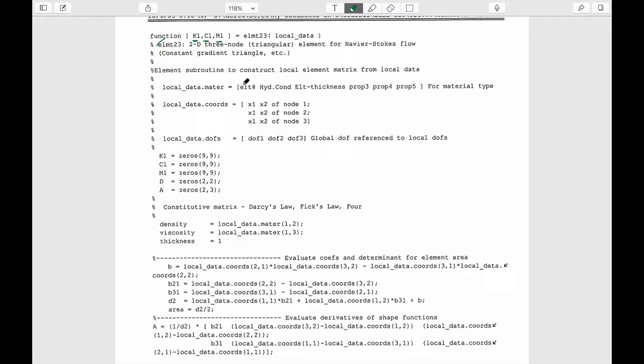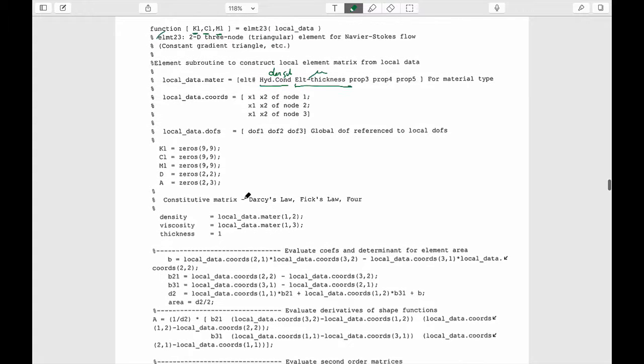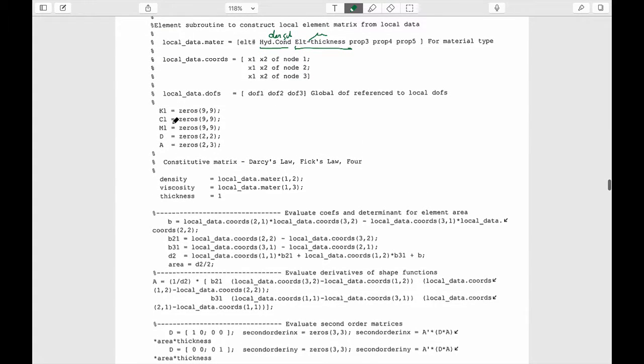material properties. For the element, we can choose a parameter, and I think in this case this is actually density, and the second term is viscosity. We choose whatever those are, and in this particular case these elements will be 9 by 9 in size for this stiffness matrix.